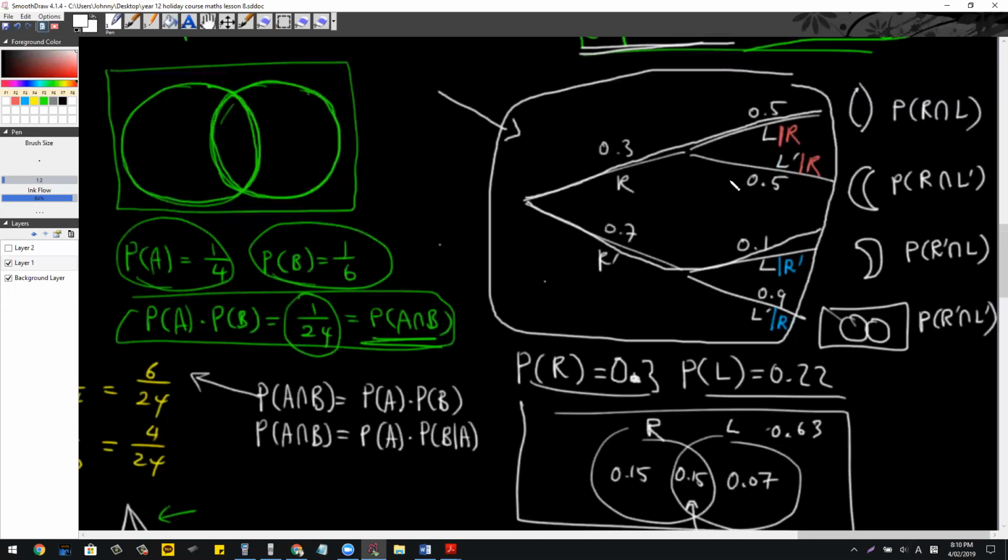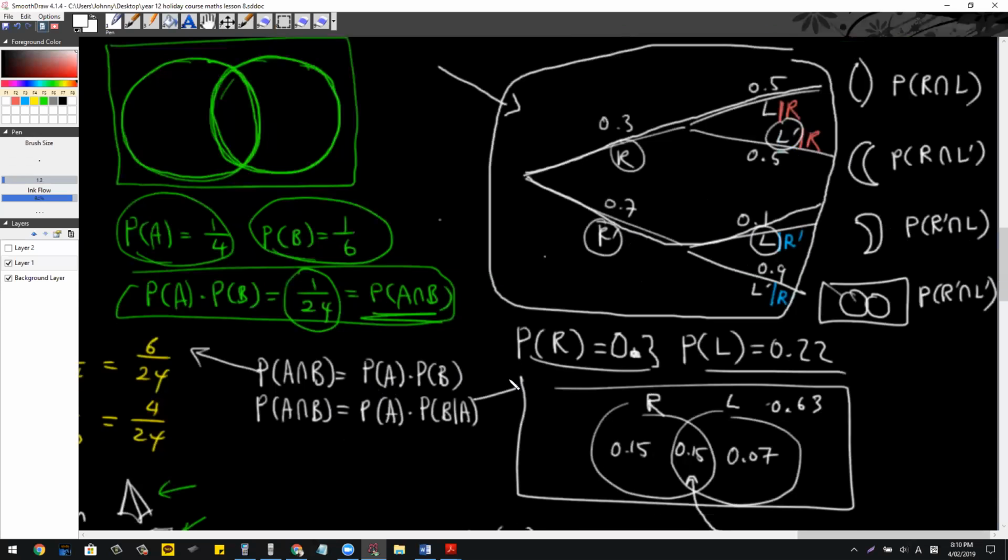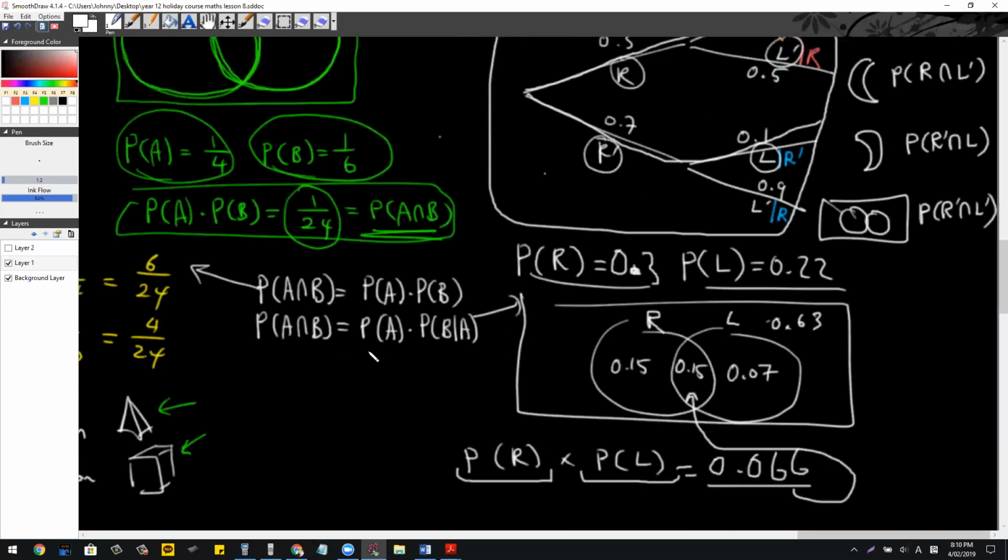Here as well, R times L given R dash is R and L dash, and probability of R dash times L given R dash is R dash and L. That's the dependent case. Do you guys follow everything? If it's independent, this one times this one will equal this one.